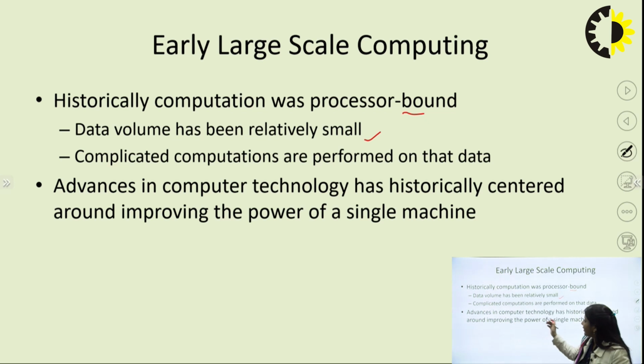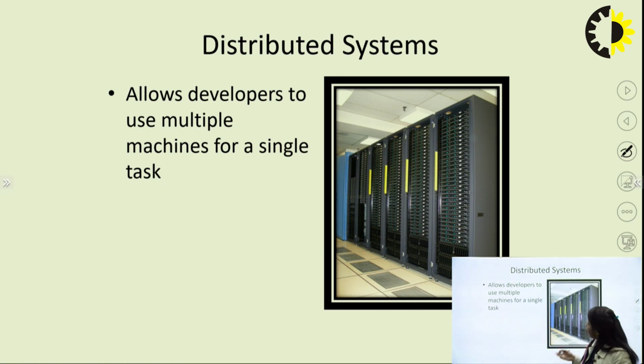So advances in computer technology have historically centered around improving the power of a single machine. So all the scientists and developers have worked on this requirement so that we can process our complex tasks efficiently.